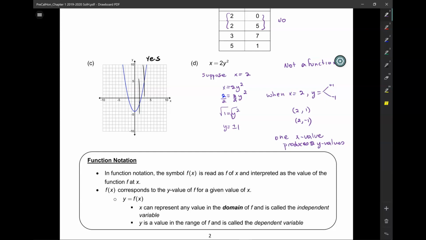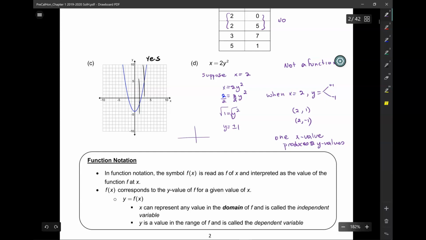So if you solve this for x, automatically you're going to get plus or minus for the y. If it's the square of y to a single x, it's not a function.